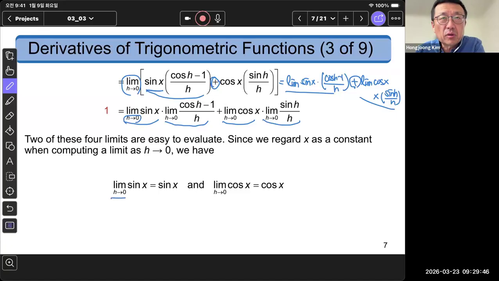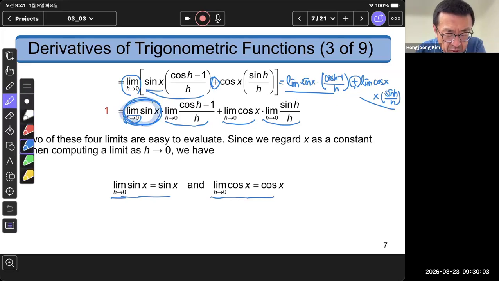As h goes to 0, the limit of sine x will still be sine x, and the limit of cosine x will still be cosine x. So what remains will be the limit of cosine h minus 1 over h and the limit of sine h over h.